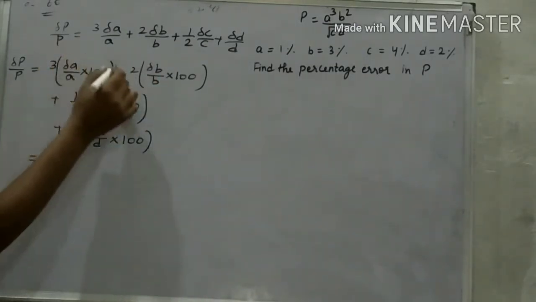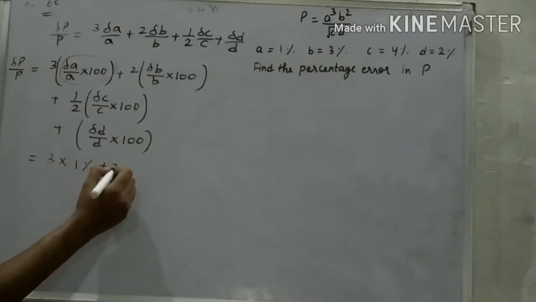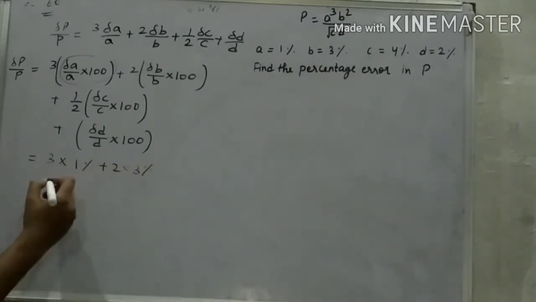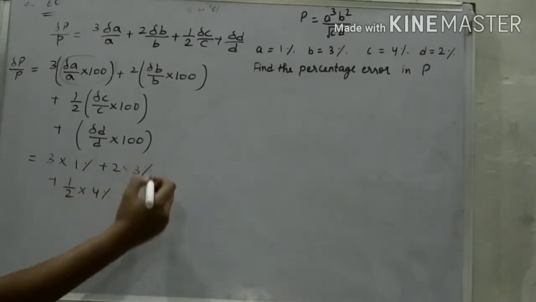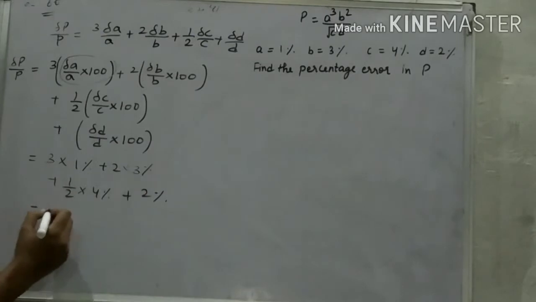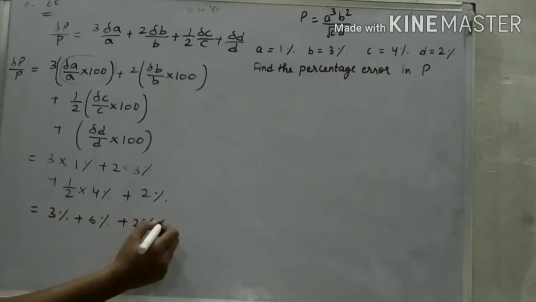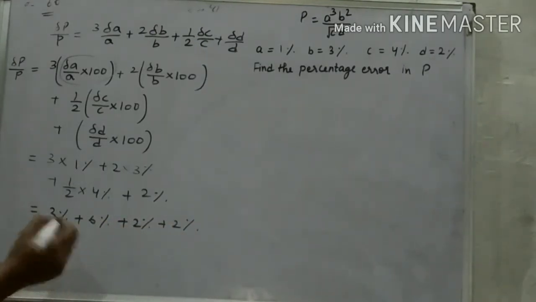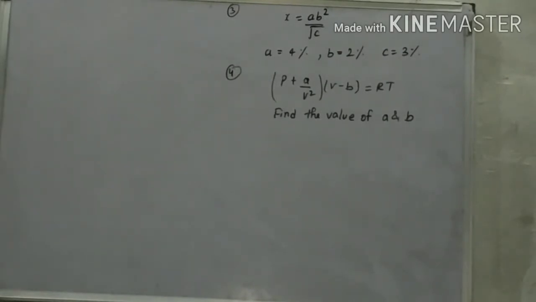So in place of this, we will place the percentage of A, that is 3 multiplied by 1%, plus B is given 3%, so 2 multiplied by 3%, plus 1 by 2 multiplied by 4%, plus D that is 2%. So here 3% plus 6% plus 2% plus 2%, which comes out to be 13%. So this is your percentage error in P.